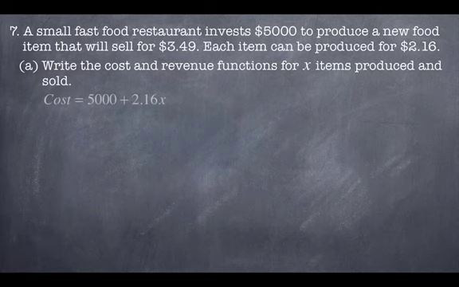So here's your first equation for the cost: 5,000 plus $2.16 times X, because that's how much it costs to produce an item, and the initial investment of $5,000. The revenue is just how much this item is going to be sold for, which is $3.49, times X, which is the number of items.